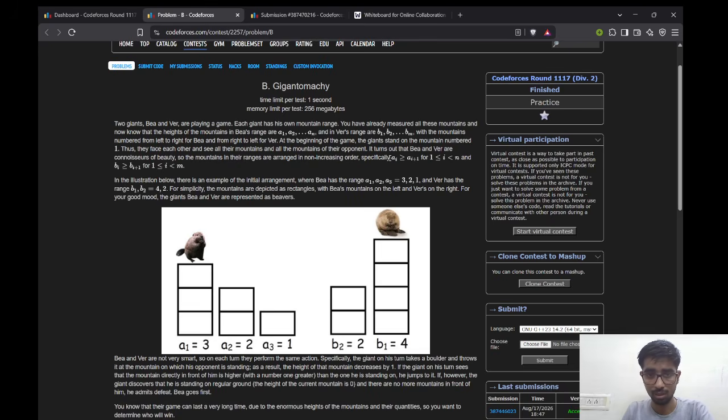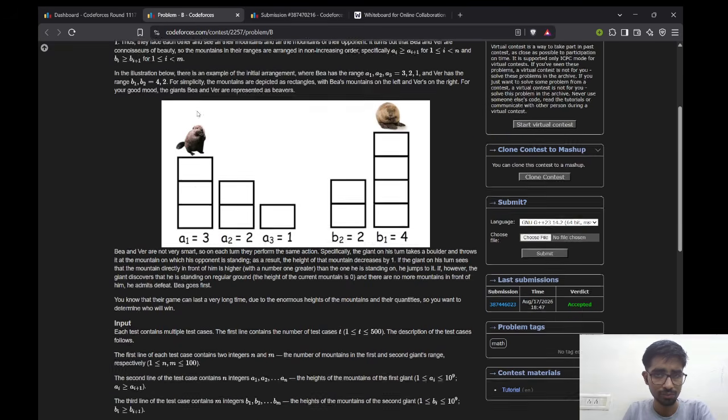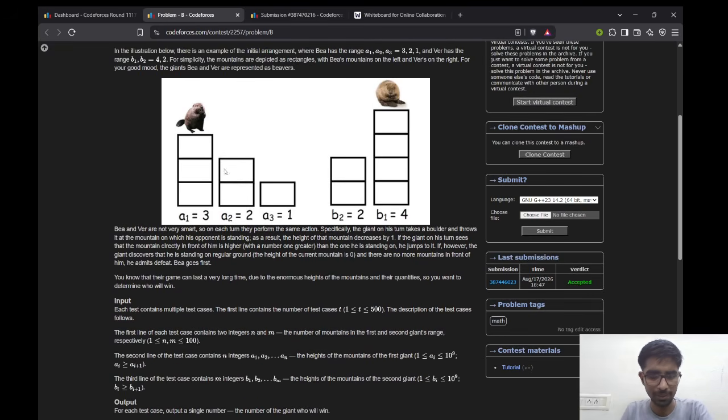Note this thing, that the mountains given to us for these two guys are arranged in decreasing order. In the illustration given below, there is an example of the arrangement. Let's leave it for now because we'll be taking the example.